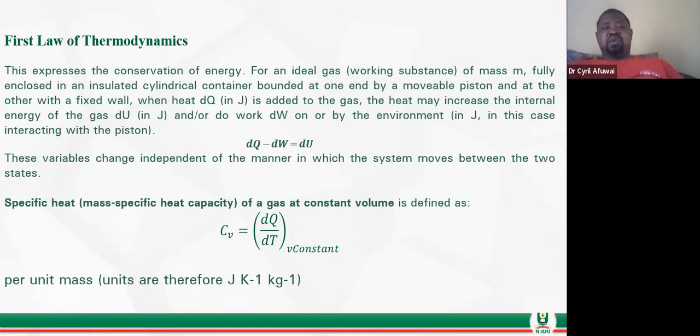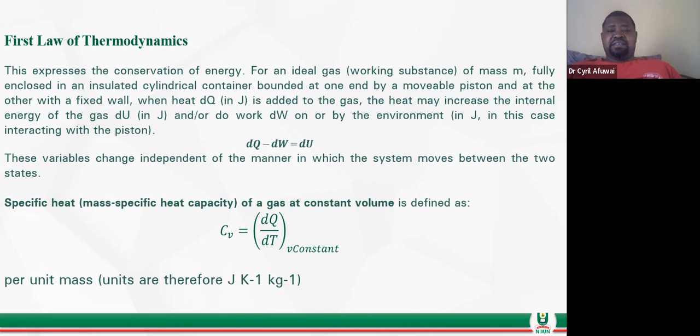So let's look at the laws of thermodynamics. The first law of thermodynamics expresses the conservation of energy. Okay? The conservation of energy. The law of the conservation of energy. I hope you've not forgotten that. It says energy can neither be created nor destroyed, but can be converted from one form to another.